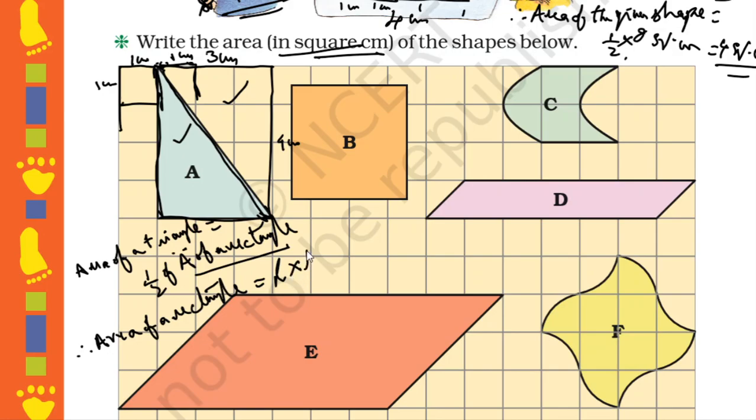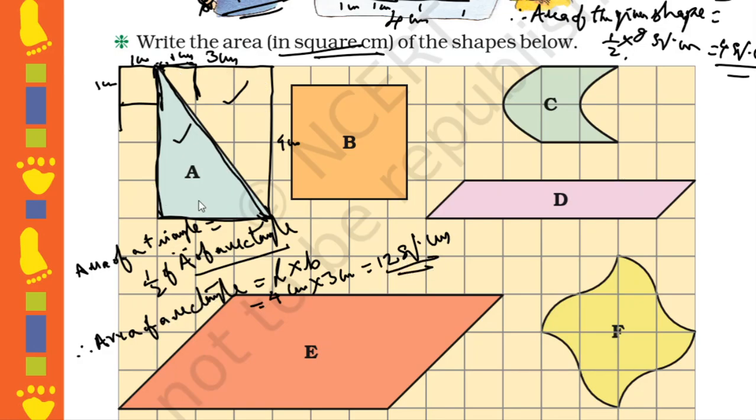Length into breadth. Length is 4 centimeters, breadth is 3 centimeters. Therefore, area is 4 threes are 12 square centimeters. So the area of the rectangle is 12 square centimeters.